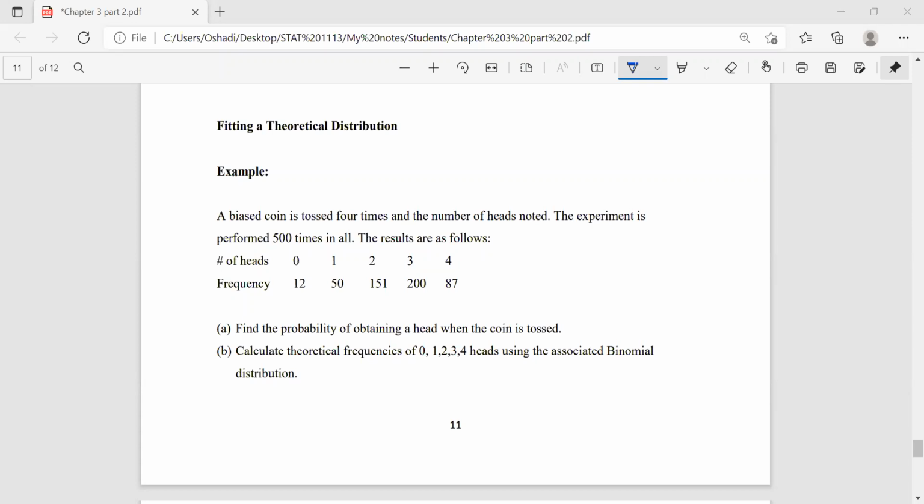This is the experimental result obtained by conducting the experiment. So there are 2 questions. The first one is to find the probability of obtaining a head when the coin is tossed. It's given that it is a biased coin, so we can't take it as a fair coin and take the probability of success as 0.5. So first we have to find the probability of obtaining a head, the probability of success.